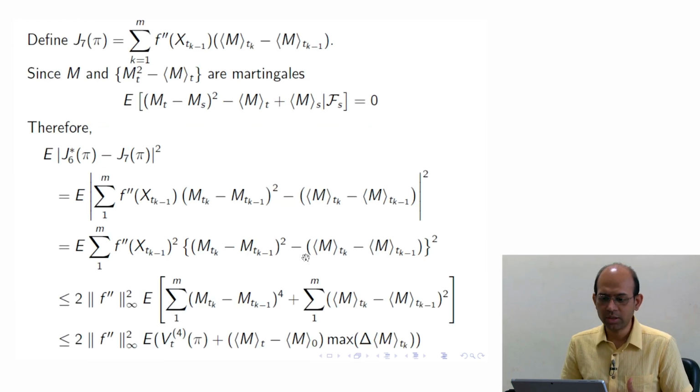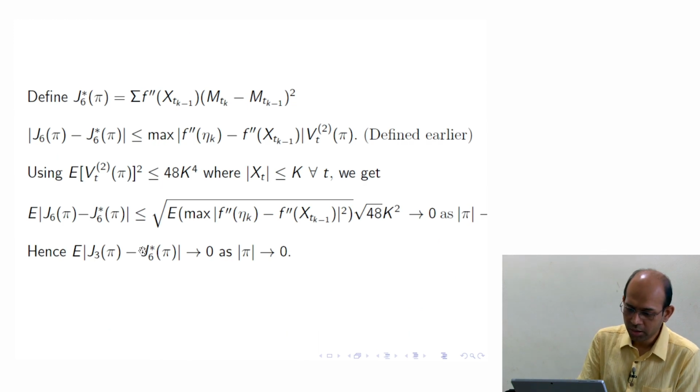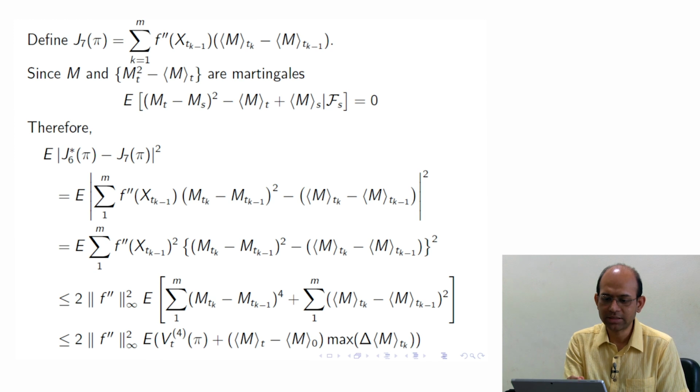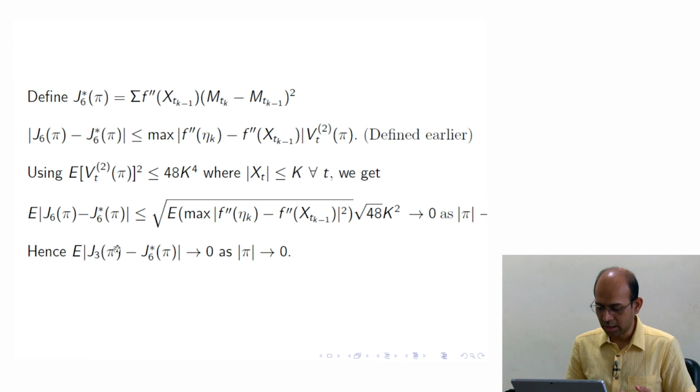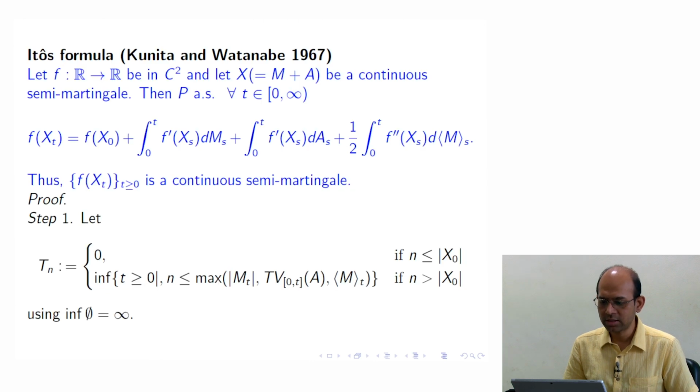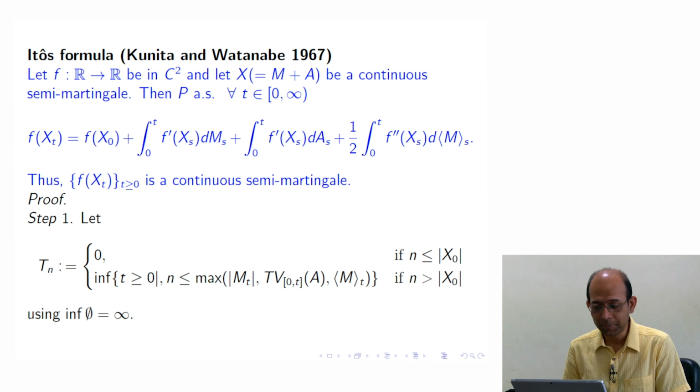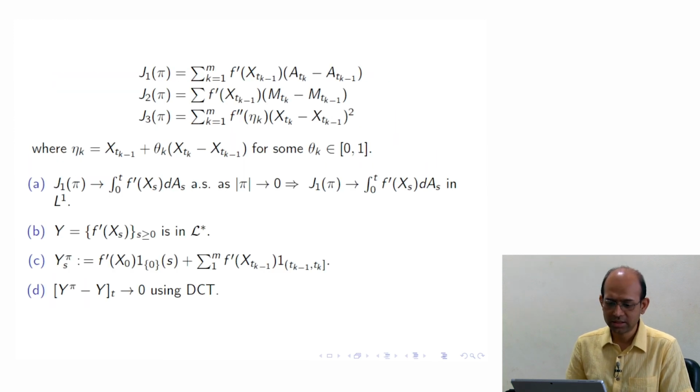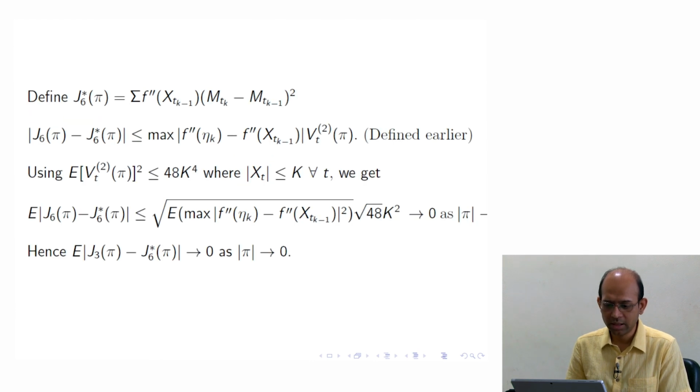Okay, so next we would like to further take another sum, J7 pi. In the J7 pi, what we have is a discretization of the Riemann-Stieltjes type of integration with respect to the quadratic variation of M. So we have to relate this J7 with this J3, otherwise we are not yet done, because remember that when we stated this here, the integration was with respect to the quadratic variation of M. Till now, J star 6, which is approximating J3, is like M t_{k-1} whole square.